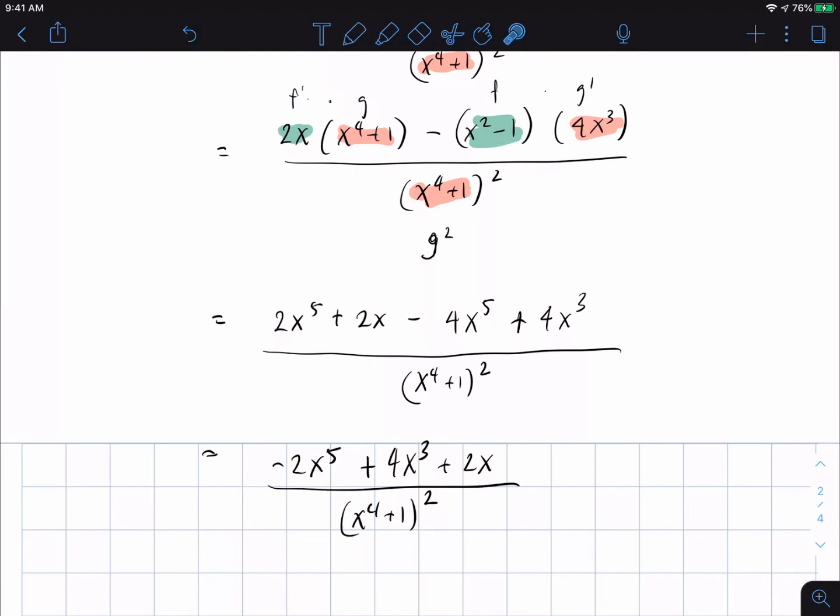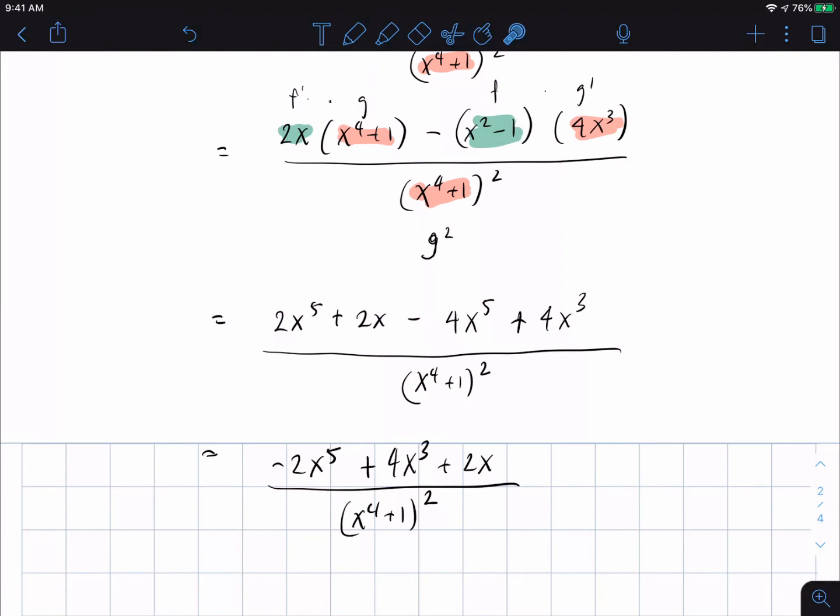Just in case you don't see it, this times this would have given me a negative 4x to the third, but then there's a negative out front, so negative and negative become positive. Any questions? The odd silence is scary for me.